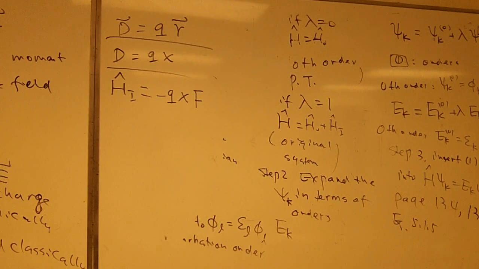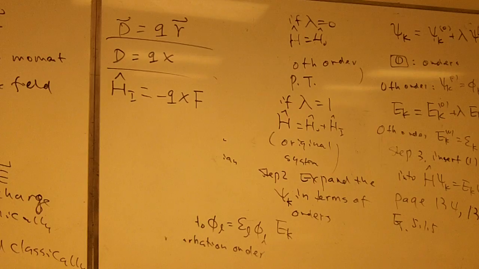Our final energy for the level k to the second order is E_k equals (k + 1/2)ħω minus (qF_x) squared all over 2mω squared. This shows that the energy spectrum is downshifted by (qF_x) squared all over 2mω squared.